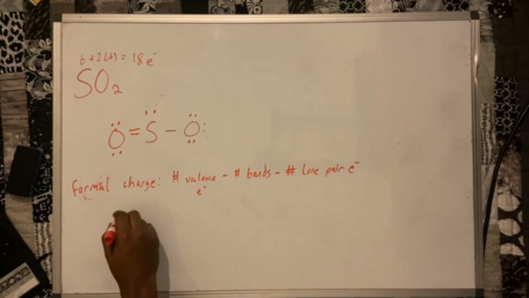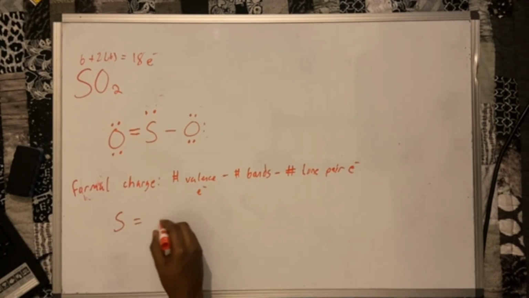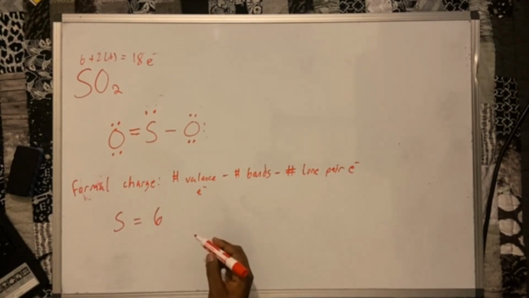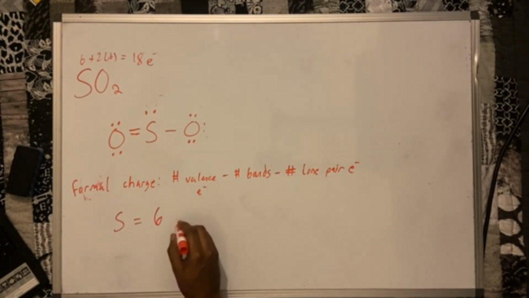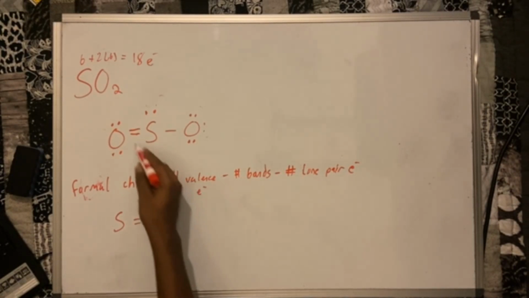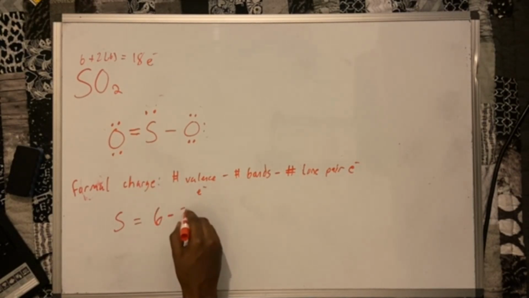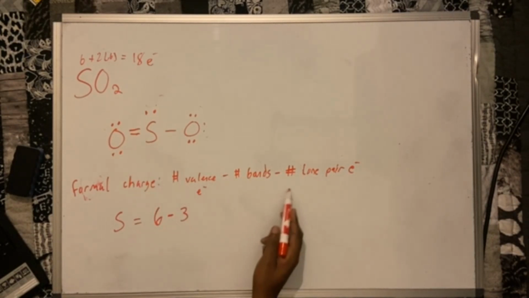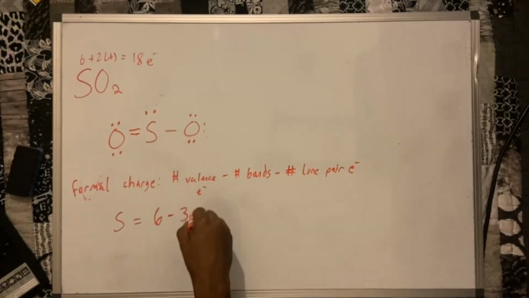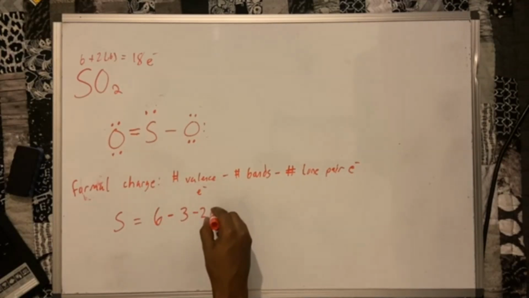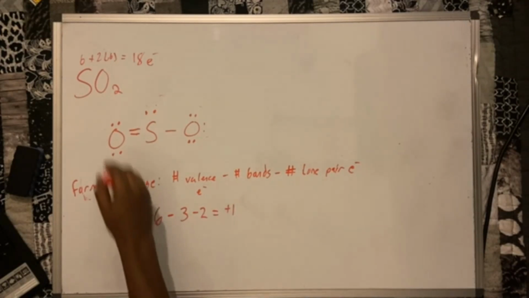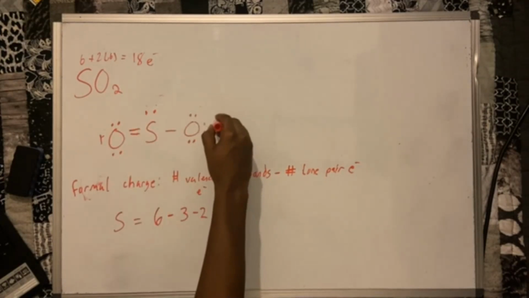So for sulfur, we had 6 valence, which we get from the periodic table, minus how many bonds? 3. And then how many lone pair electrons? We have 2. Sulfur has a charge of +1. We'll call this oxygen 1 and this oxygen 2.